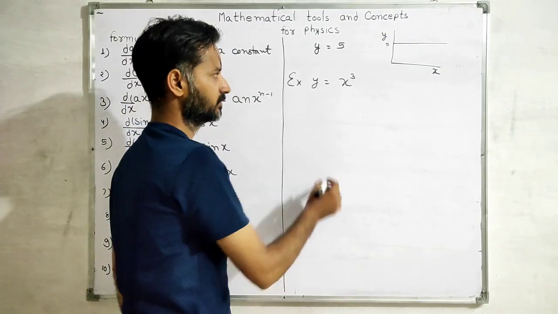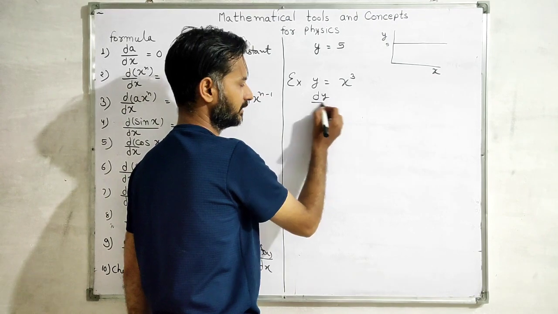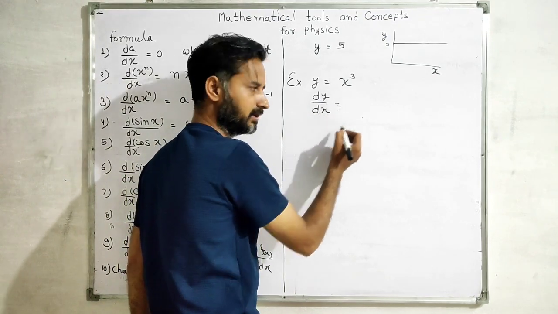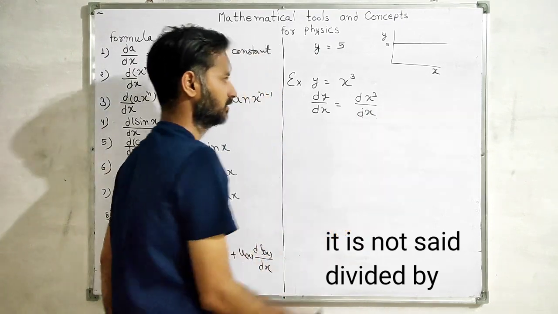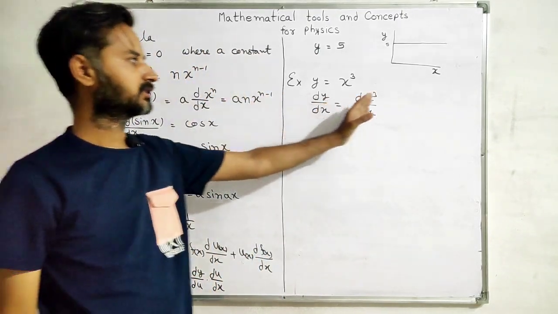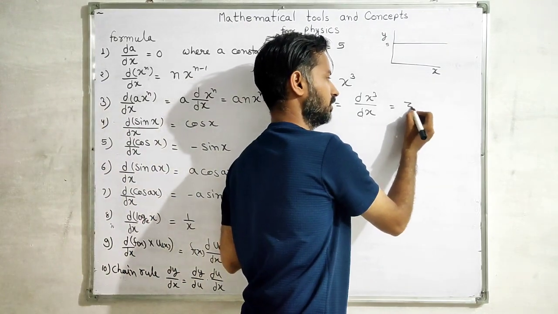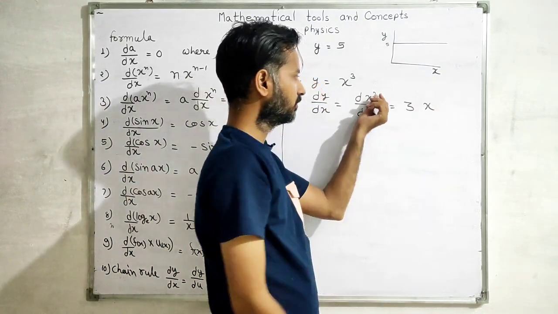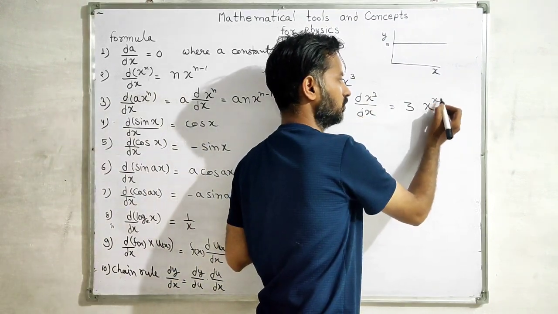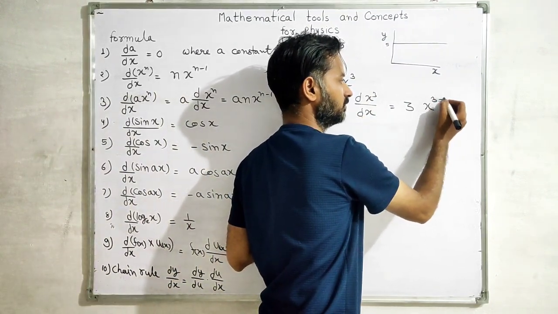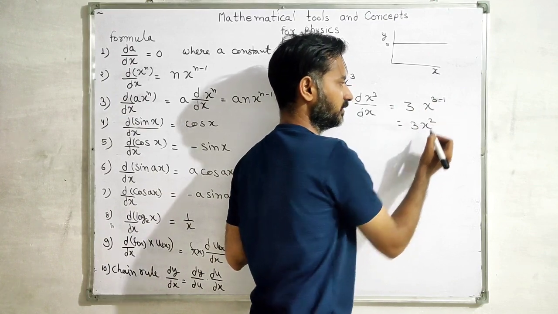Then dy by dx will be d x to power 3 divided by dx. By this formula, this power comes forward 3 and this become 1 minus, so 3 minus 1, we get 3x to power 2.